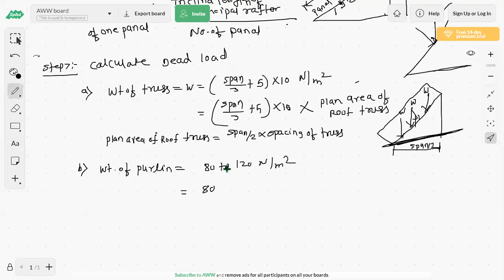You have to assume 80, 90, 100, 110 or 120. You can take any one of these values. Newton per meter square into again plan area of truss.